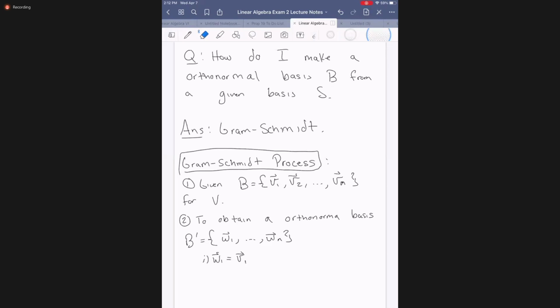So how do you do this? Well, to find W2, all you have to do is take V2 subtracted by the projection of V2 onto W1.